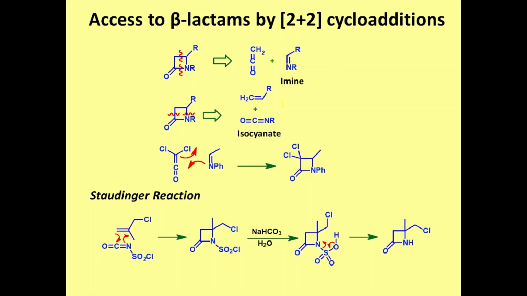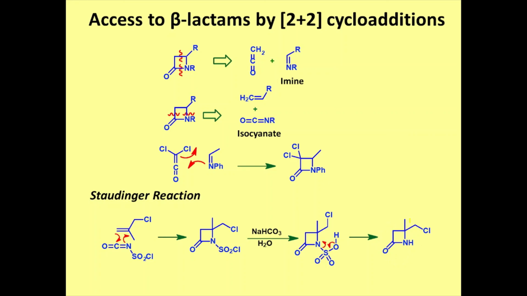And another example, of an isocyanate compound reacting with an olefin, the classical example of a Staudinger reaction, where this olefin reacts with an isocyanate where the nitrogen atom is substituted with the sulfonyl chloride group, thereby giving the sultam ring structure, and this sulfonyl chloride group can further react in the presence of sodium bicarbonate and water, converting it to the sulfonic acid, and then sulfur trioxide leaves, giving the beta-sultam derivative or compound.